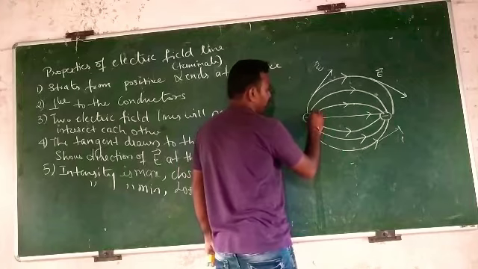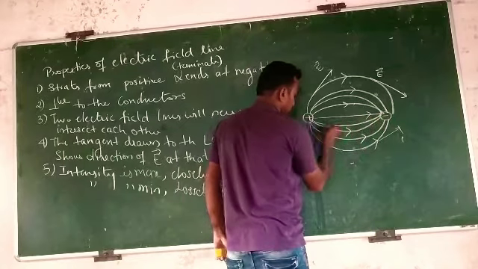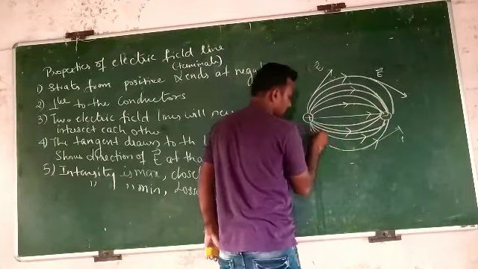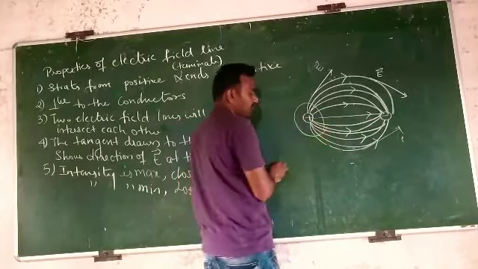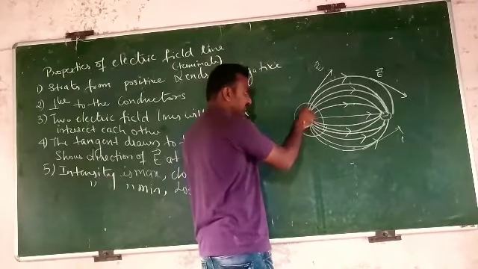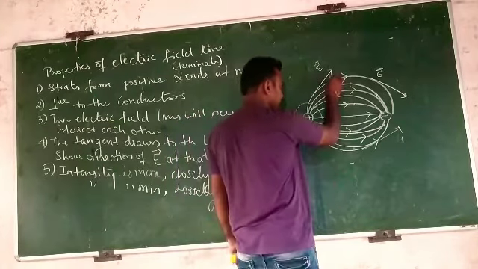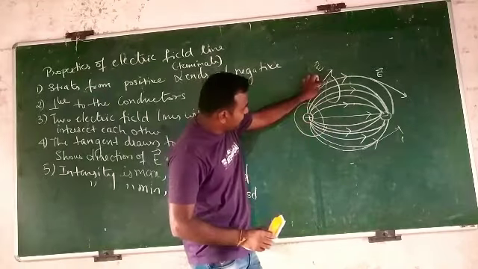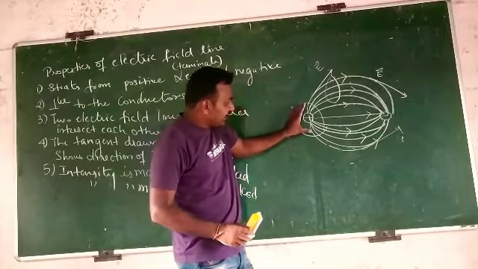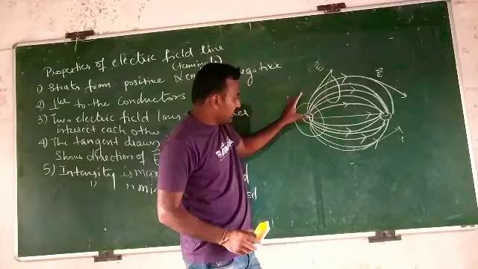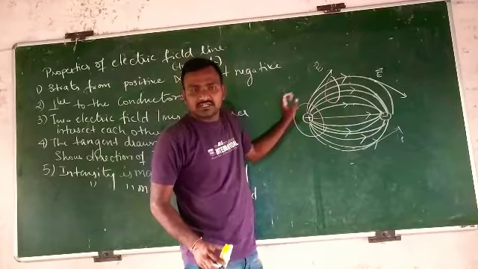If the electric field lines at this particular area are more, so here the intensity of the electric field is maximum. If I keep the same area here, now the electric field lines are less. Here the electric field lines are more, hence compared to here the intensity is maximum, and here the intensity is minimum with respect to each other.